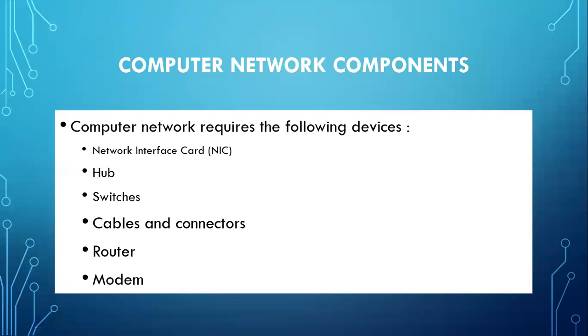Generally, we said the computer network requires the following devices: the first one is the network interface card, second one is the hub, then there are switches, also cables and connectors, then the router, and then there is also a modem. So far we've discussed the network interface card, NIC, hub, switches, and cables and connectors. So today we finish up with the router and the modem.